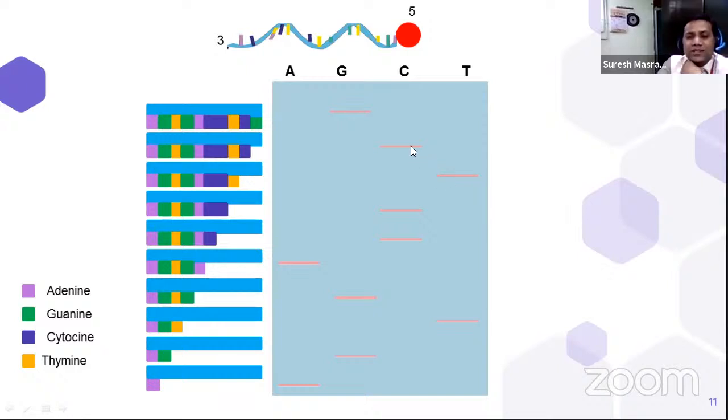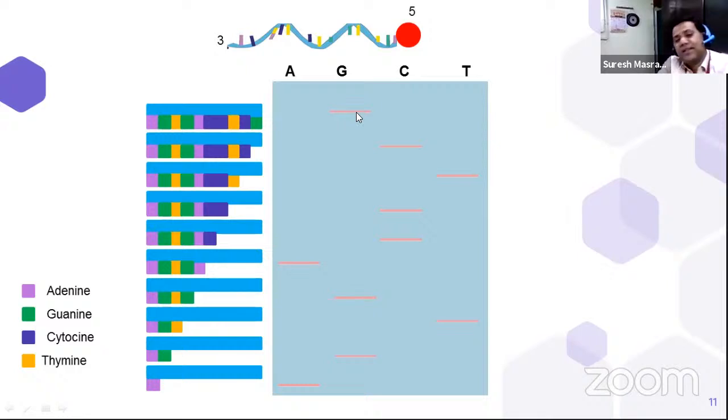Above this eighth, this is the ninth, which is seen in the third lane, where we add the dideoxy thymidine triphosphate. Thus, we analyze that the ninth nitrogenous base must be thymine.